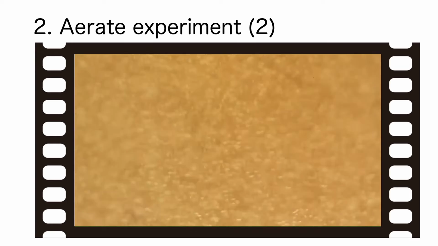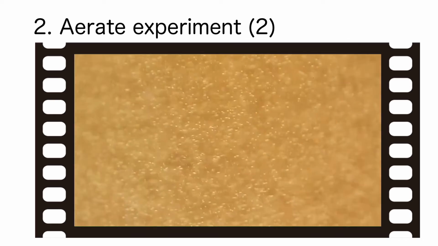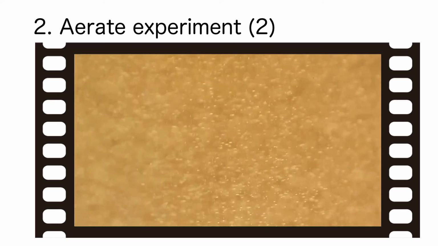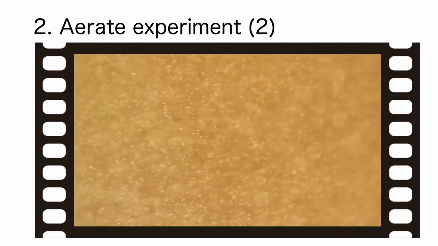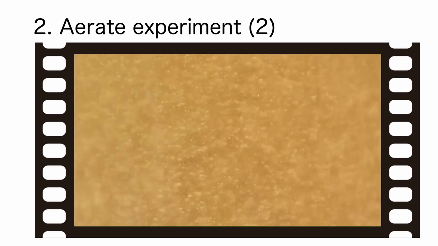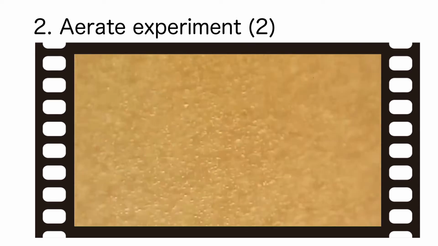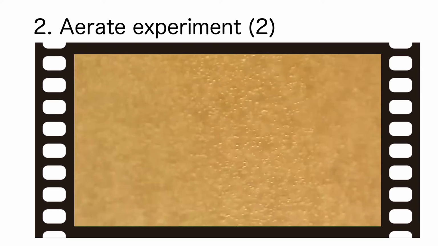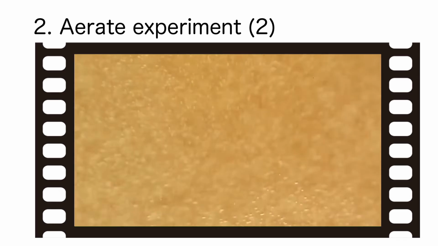In addition, the movement of the bubbles is not only surfacing from the bottom to the top, but also moving up, down, left and right with the flow in the glass. From this, it can be seen that the buoyancy of fine bubbles is very weak. Taken together with the previous experiment, we can determine that one of the purposes of the shaker, to aerate, is to incorporate microbubbles into the liquid.